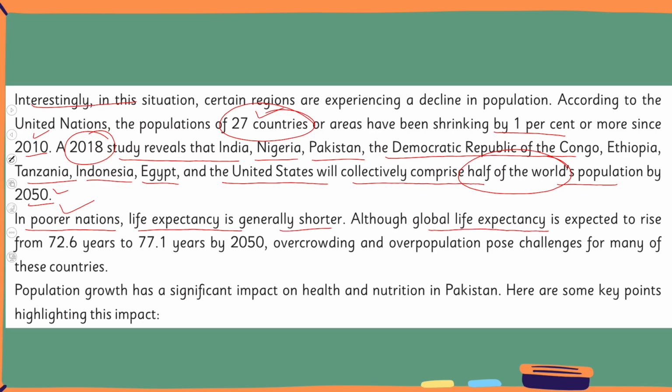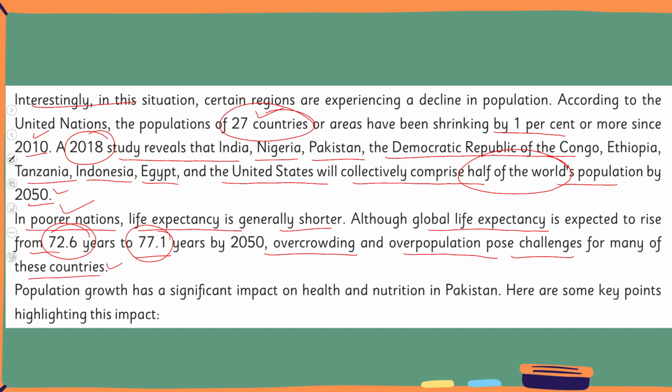Global life expectancy is expected to rise from 72.6 years to 77.1 years. It means that people will live to 77.1 years. Overcrowding and overpopulation pose challenges for many of these countries.